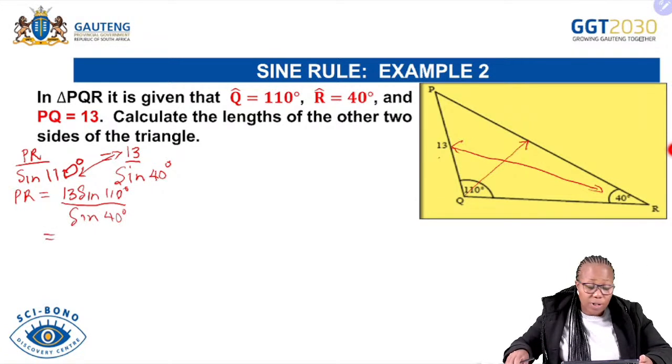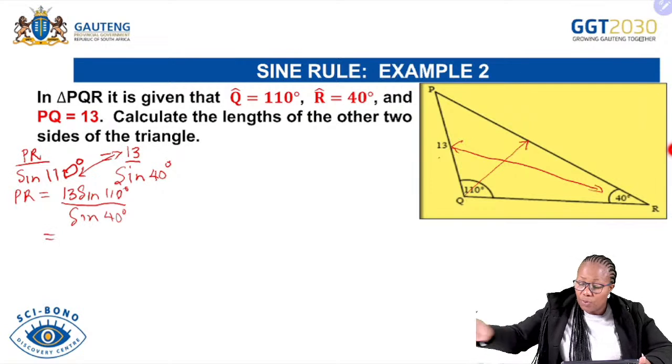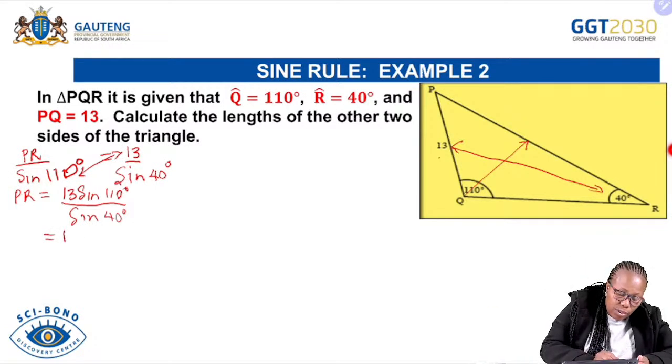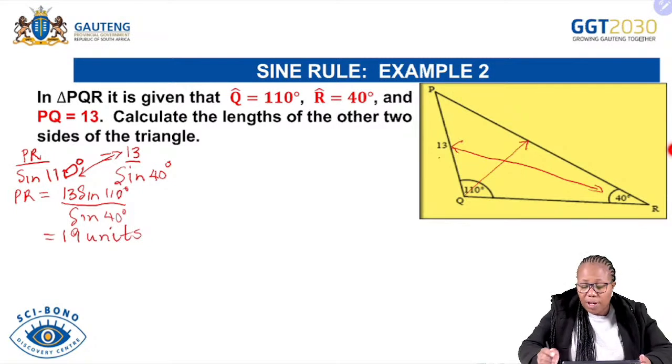Straight into our calculators, grade 12, and then this will give us 19 units. Rounding off to the nearest whole number, it will be what? 19 units. So now we have the value of PR being 19.